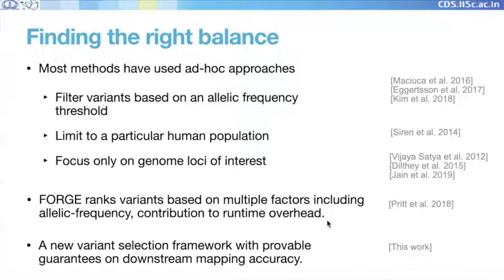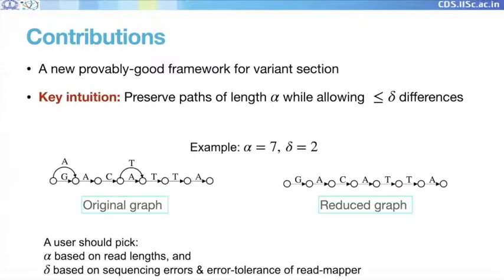In this work, we propose a new variant selection framework, which is provably good in terms of preserving mapping accuracy. Here's the key intuition behind the proposed framework. We seek to reduce graph size as much as possible while making sure that all paths of length alpha remain mappable to the graph while allowing at most delta differences.